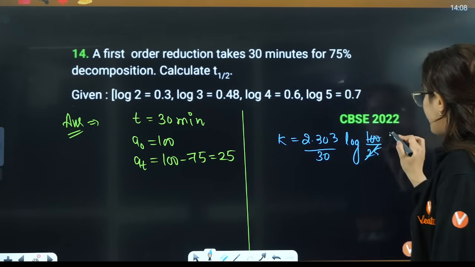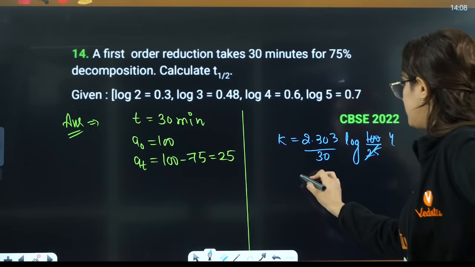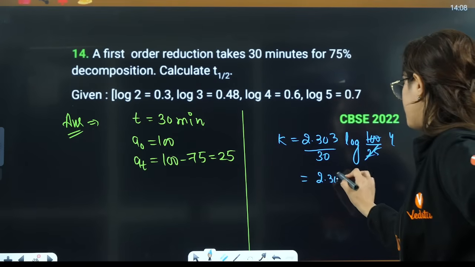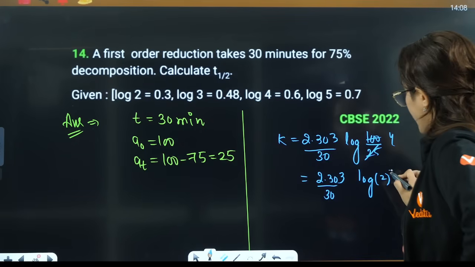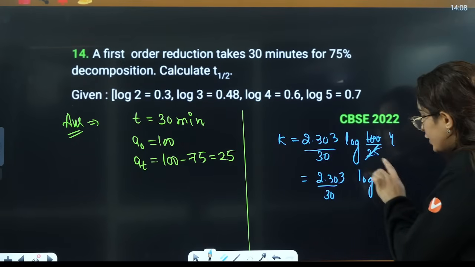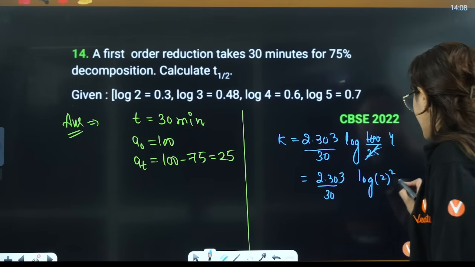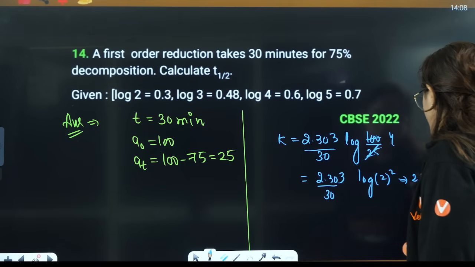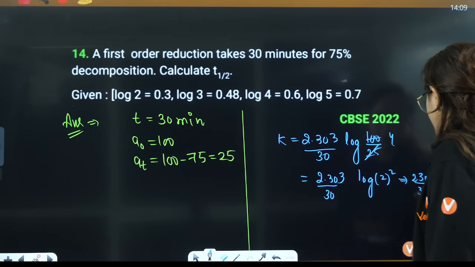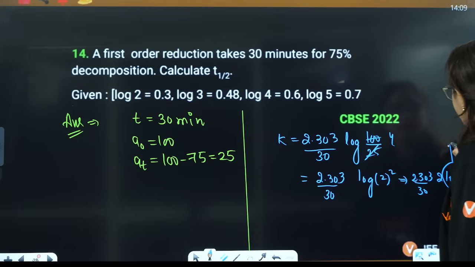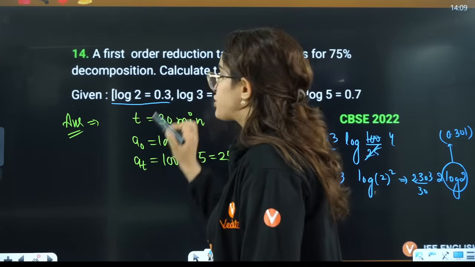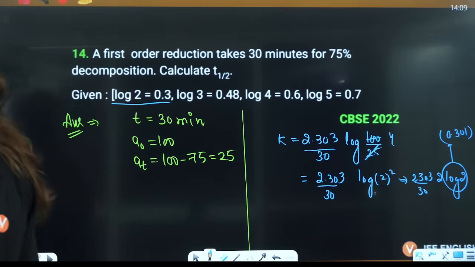So I'll solve it. This will become 2.303 by 30, log of 2 square. Log of 2 square, the 2 you will take in front. That will become 2.303 by 30, 2 in front, log of 2. Log of 2 is nothing but 0.301. That is also given to you in the question. They are saying take it as 0.3.